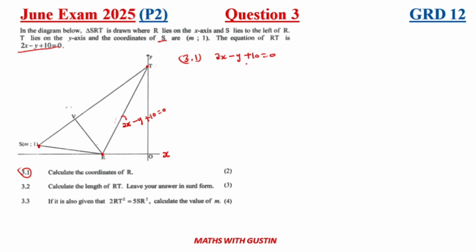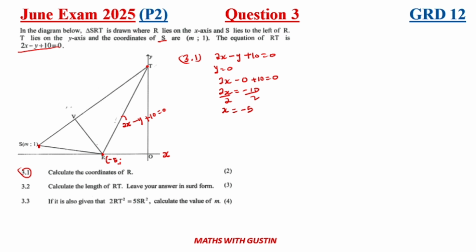So we find our x-intercept when y is equal to 0. So therefore you're going to have 2x minus 0 plus 10 is equal to 0. So you need to solve for x. Negative 10 divided by 2, x is equal to minus 5. Remember the question said find the coordinates. So we already found minus 5.